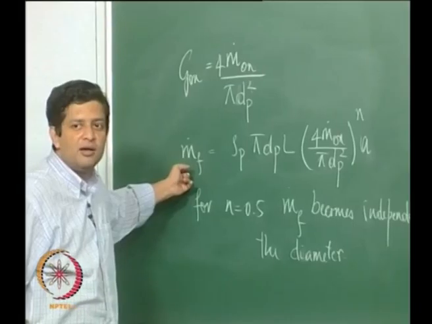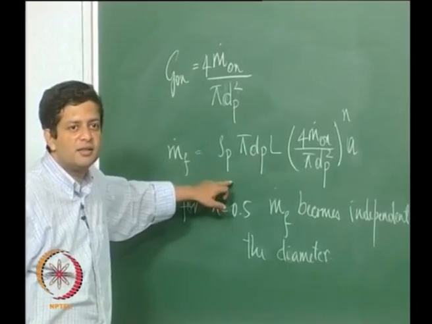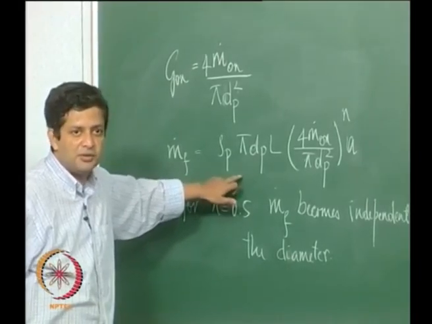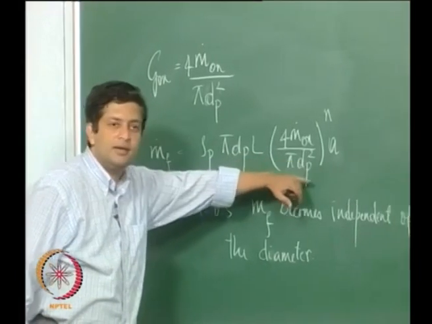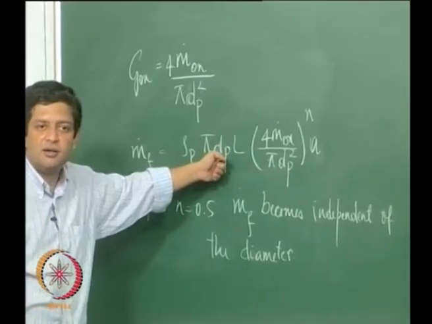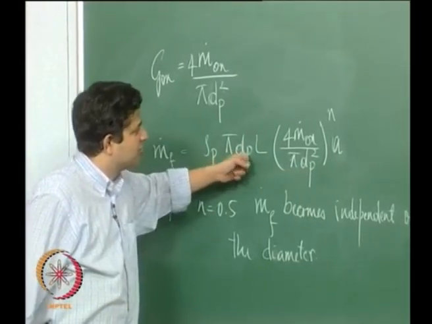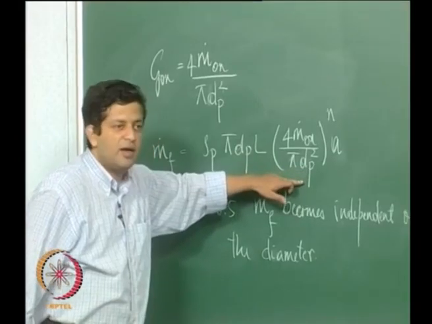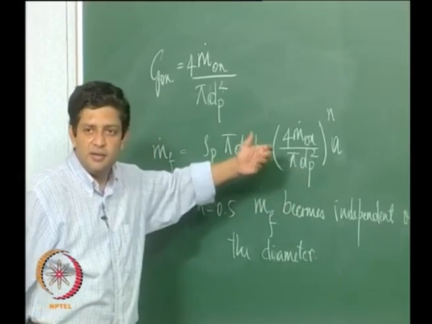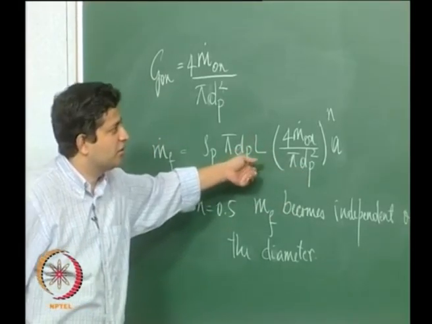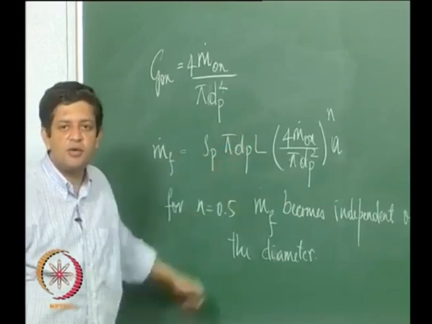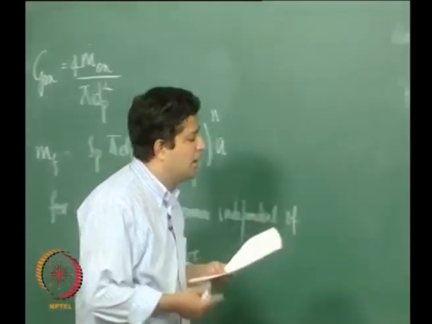As diameter increases, the fuel mass flow rate will reduce, because you will have d to the 2n in the denominator and d to the 1 in the numerator, so the denominator will be greater than the numerator. Therefore, as diameters increase, mass flow rate of fuel will decrease.